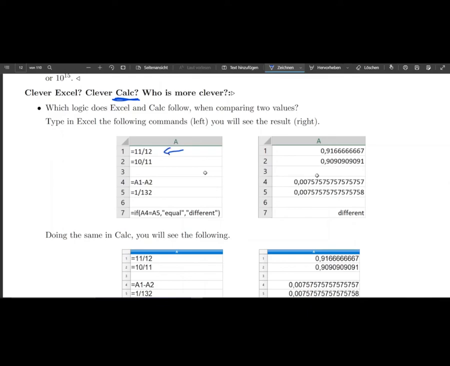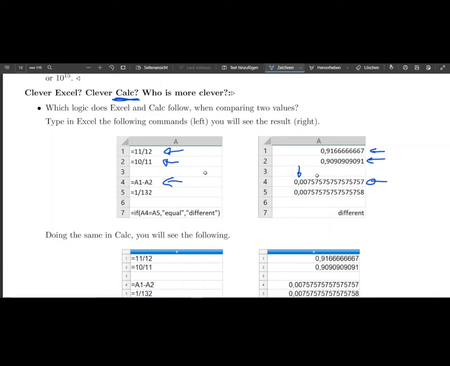The fraction 11 divided by 12 and the fraction 10 divided by 11. These are two numbers which are very close together, as we can see here. If we subtract these two values, then we get a small number, which is 0.0075. This comma is in the German version. In the English version, it would be a point.